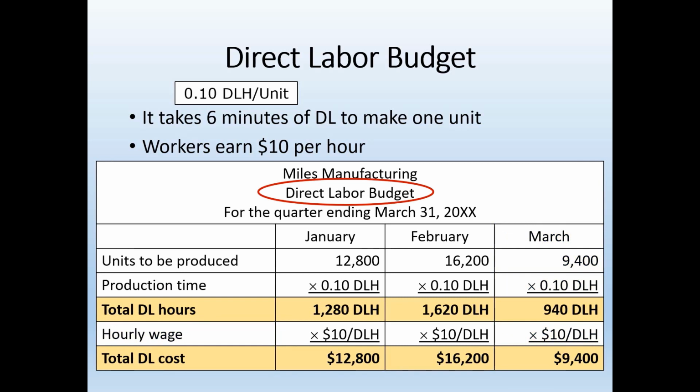Based on this direct labor budget, the firm can easily see how many labor hours it needs in each month to produce the units.